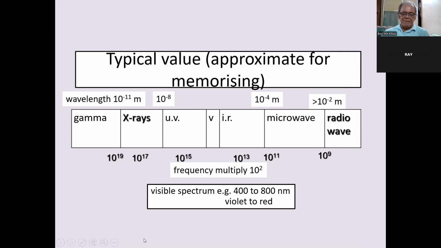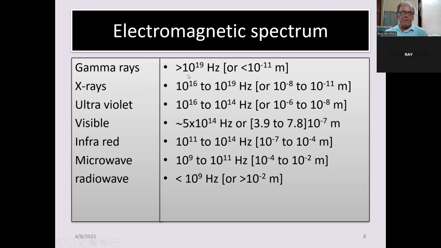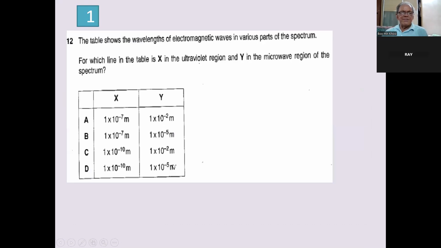For the visible spectrum it is 400 to 800 nanometer, as a rough guide: 400 is violet, 800 is red light, or I prefer the exact one, up to your choice. Okay, what's your answer for this one? X is ultraviolet, Y is microwave. Yep, all this must be at your fingertips already. Memory work.